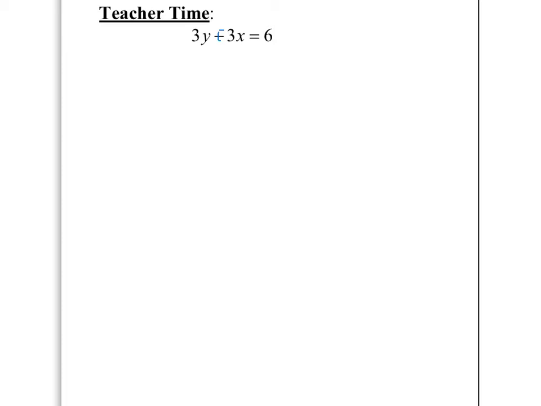Not division. Oh, addition. Sorry, I was unclear. Adding what? Positive 3x to both sides, because that's going to move that 3x to the other side of the equation and get it away for us.